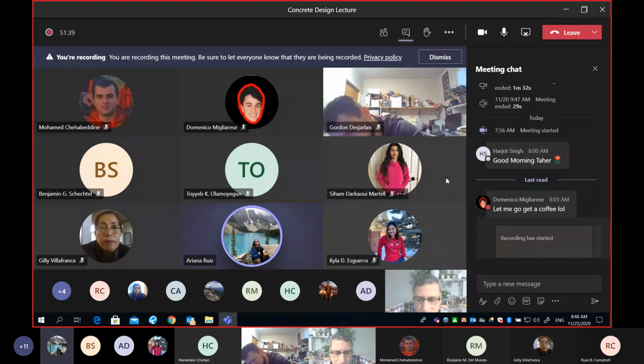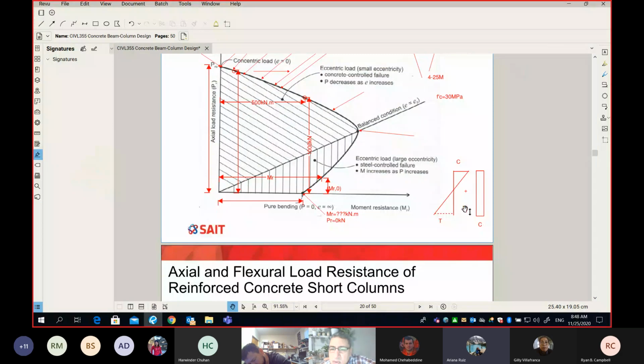We are following, Doctor. Okay, thank you so much. So that's how I can explain it. If we start adding some axial compression force, we get a little bit more increase in the moment capacity, and that's the reason.